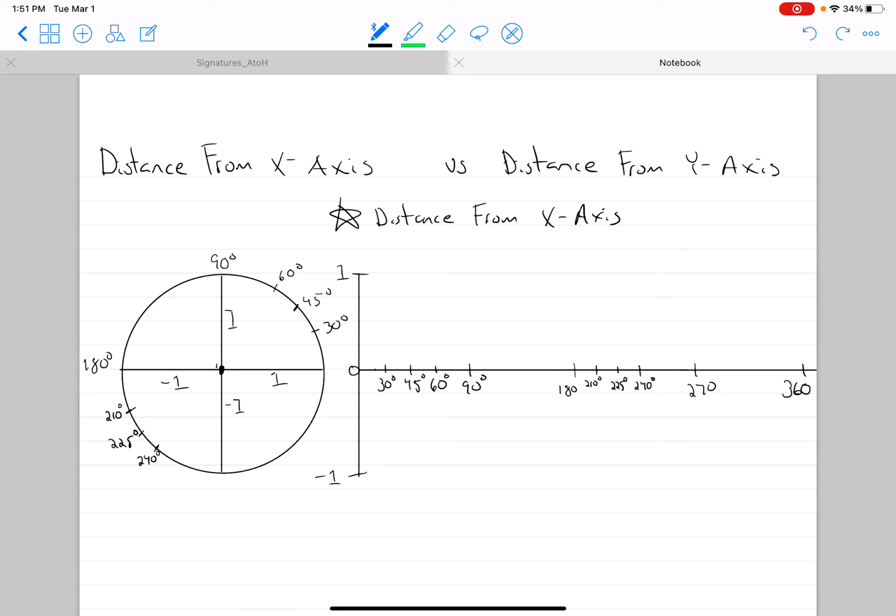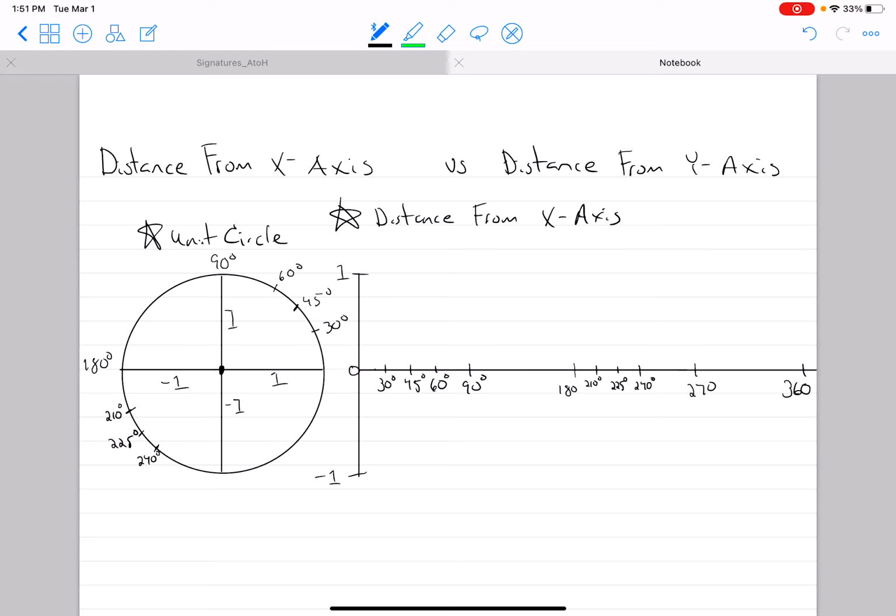You don't need to write that. From here to here is a length of 1, but notice it's negative because it's moving in the negative direction. Again, from here to here is a length of 1, but it's negative because it's moving down in the negative direction. This is called a unit circle.